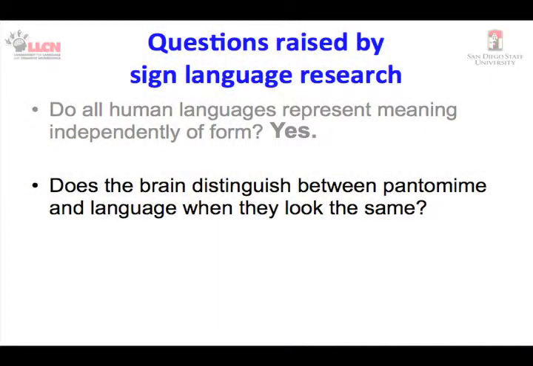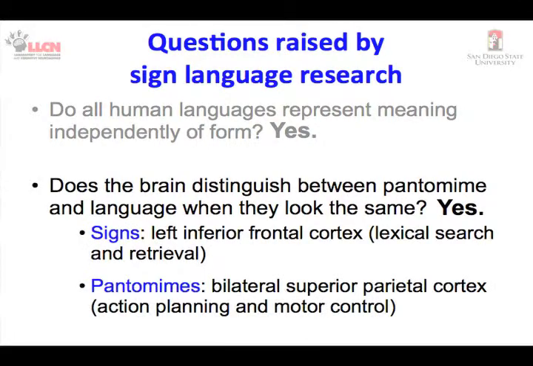So if we come to my question, does the brain distinguish between pantomime and language when they look the same? Yes. In fact, what we see is that signs engage this left inferior frontal cortex, which we know is involved in lexical search and retrieval processes for language production. Pantomimes, on the other hand, engage bilateral superior parietal cortex involved in motor planning and arm control.